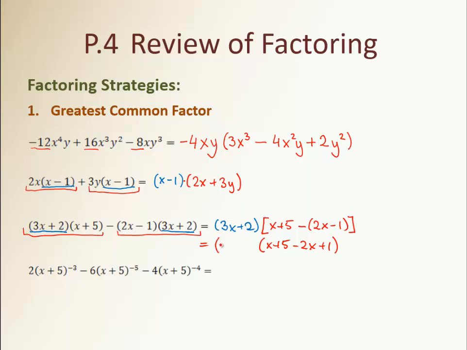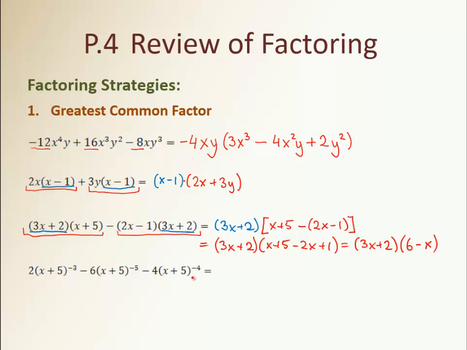We copy the 3x plus 2 as well. Finally, we can collect like terms in the second bracket. So let's copy again 3x plus 2. X minus 2x is negative x, and 5 plus 1 is 6. So maybe it's nicer to write 6 minus x, not to start with a negative.